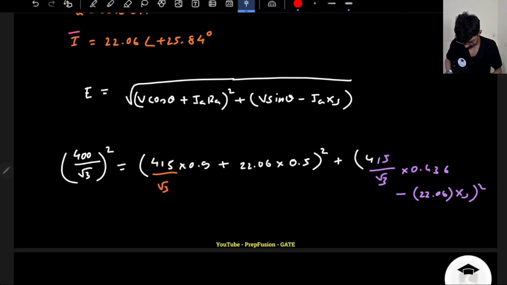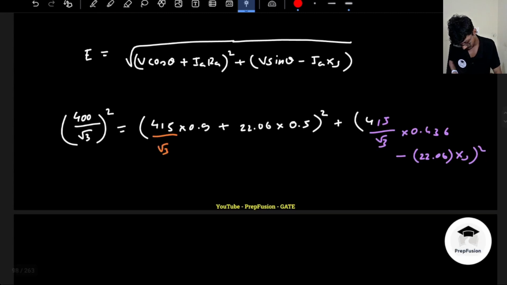So this value will simply be, right, 400. Let me calculate this value, right? 415 divided by root 3 into 0.9 plus 22.06 into 0.5 whole square, then subtract this from 400 divided by root 3 whole square, and then I take the under root.